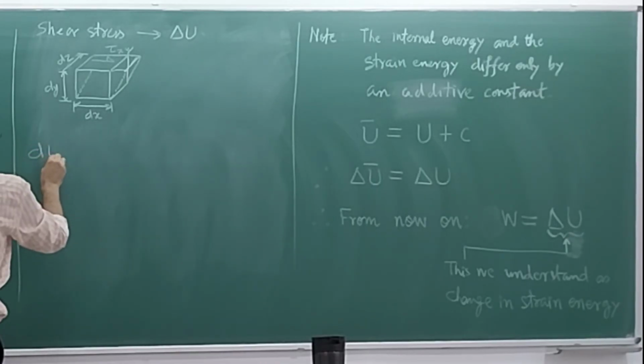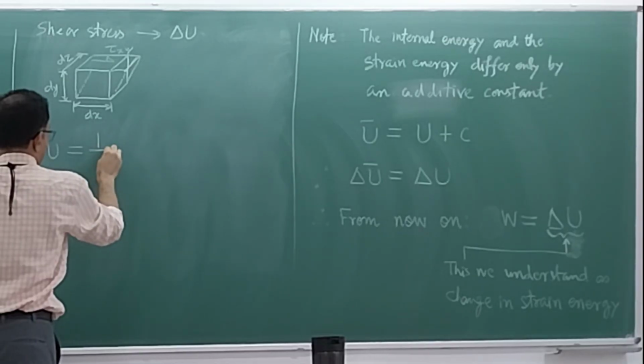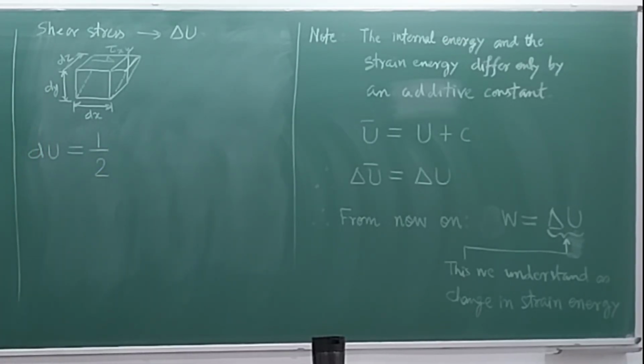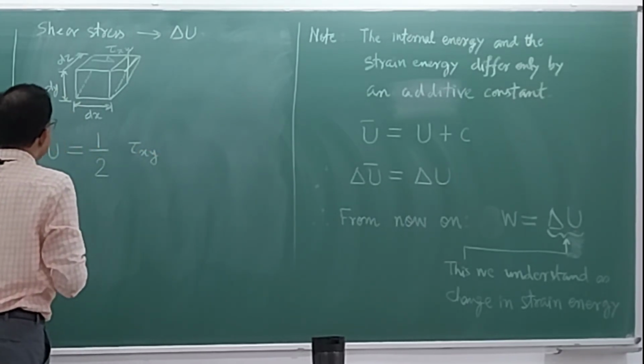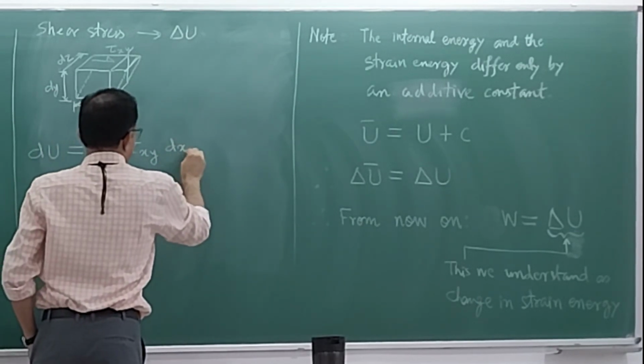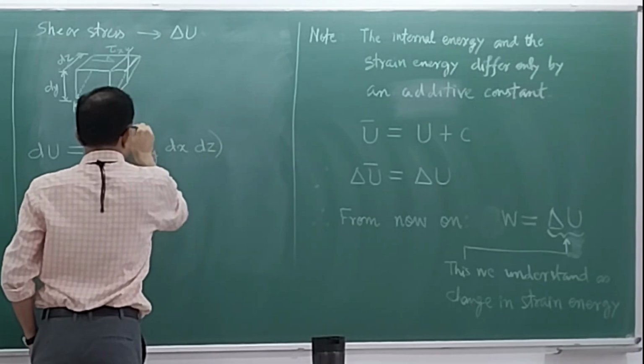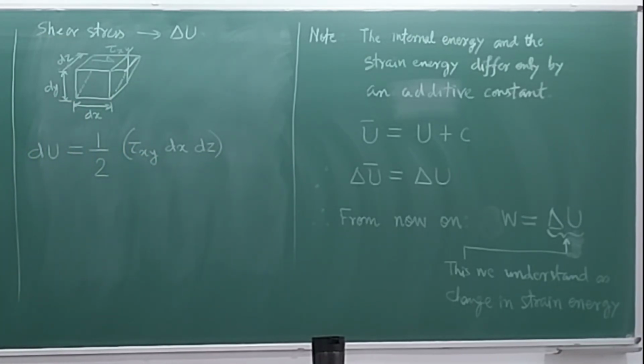So again, this dU thing is half. For the force, what is the appropriate force in terms of tau xy? Tau xy dx into dz. This should be multiplied with the deformation. The deformation is what? This part is the deformation. How much is it? It is gamma xy into dy.